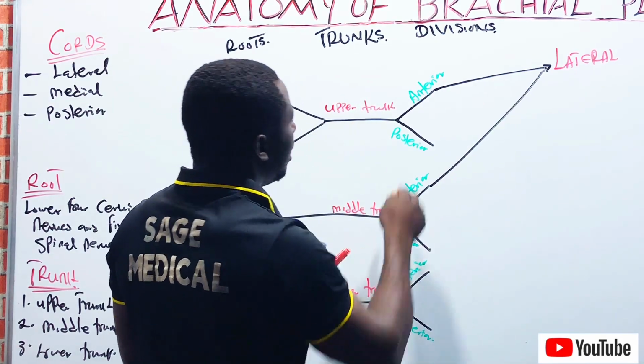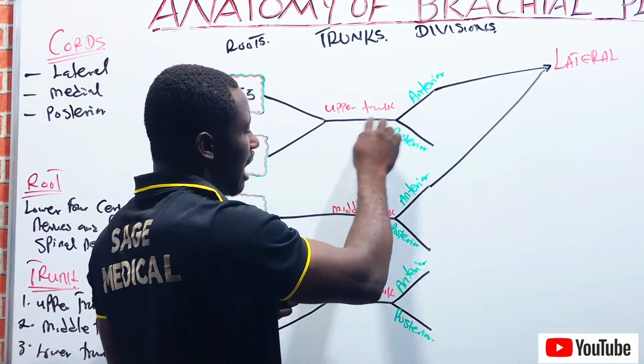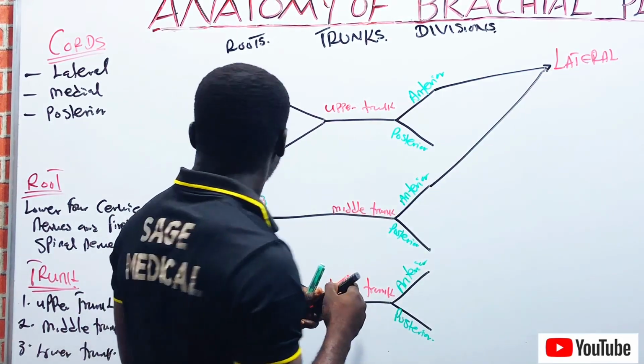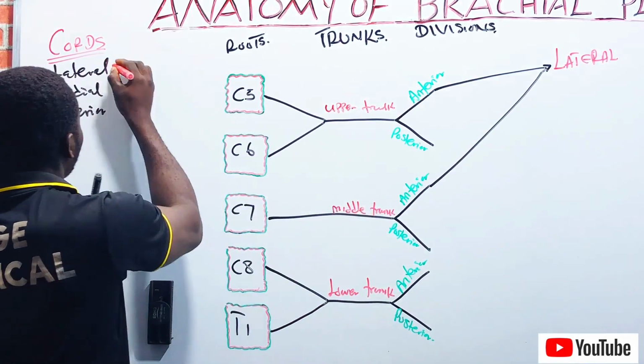It means the anterior division of the upper trunk and the anterior division of the middle trunk form the lateral chord. We have formed our lateral chord.